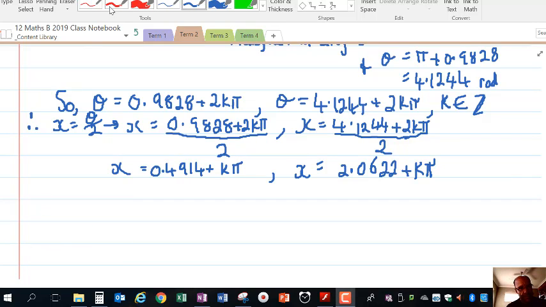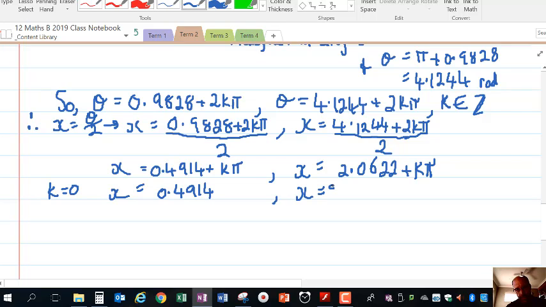So let's cycle through and make k start at 0, which is a sensible choice, and we have x equals clearly 0.4914 there, and x equals 2.0622, and generate k equals 1, where that's just adding pi on, so we've got x equals that 0.4914 plus pi.